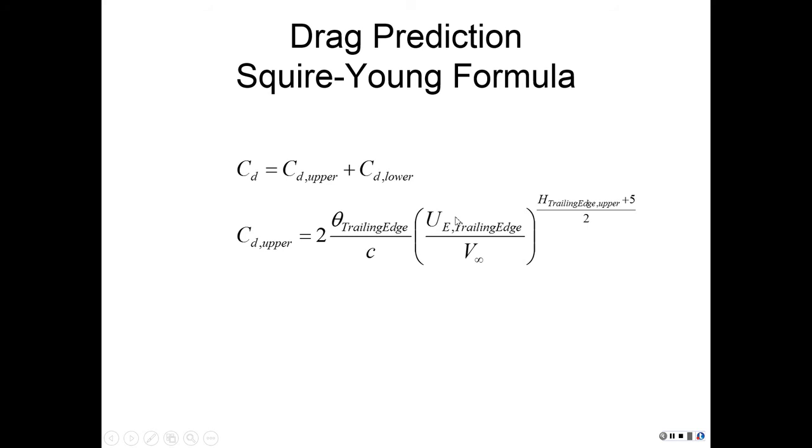Trailing edge velocity, this is from panel method, non-dimensional by free stream, so again a non-dimensional number. Then 5 plus the shape factor H at the trailing edge divided by 2. So do this for the upper and do similar thing for the lower, add it together, you get the drag coefficient. So this is how many of the computer programs work.